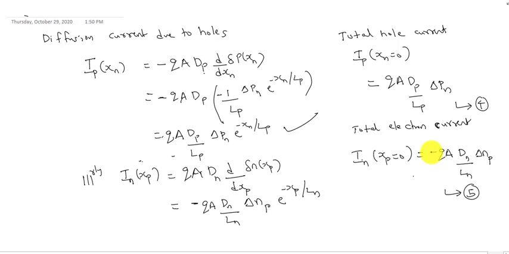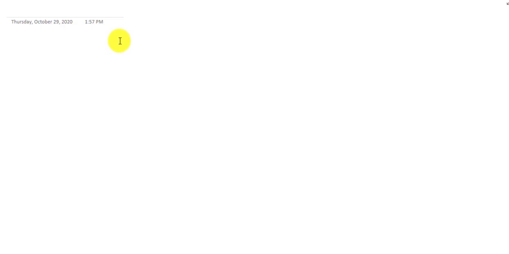So the total current will be Ip of xn is equal to 0 minus In of xp is equal to 0. Since the direction of xp is opposite, we consider a minus with this term. So the net current value, the total diode current I, is equal to Ip of xn is equal to 0 plus minus.